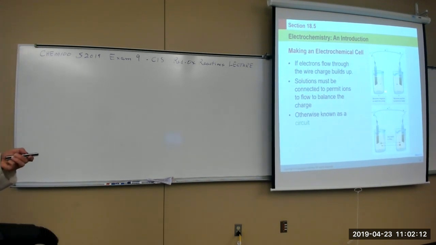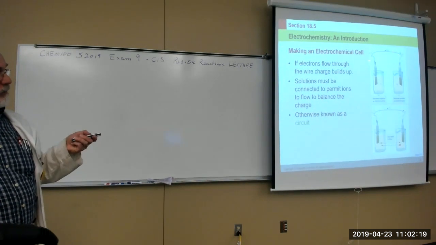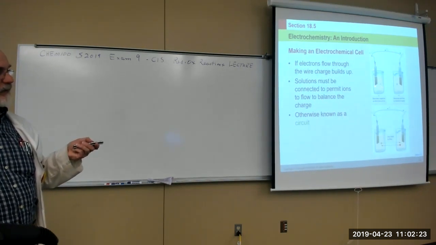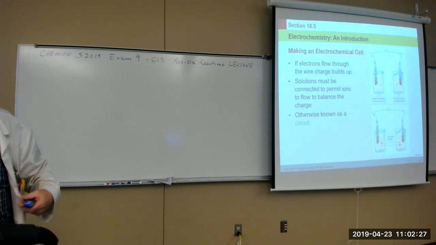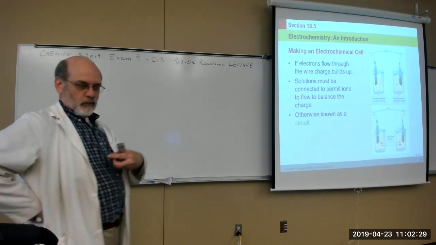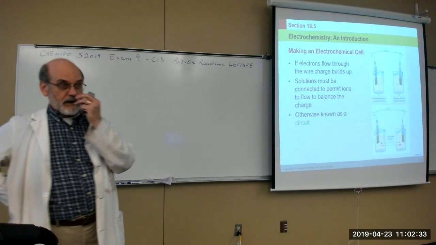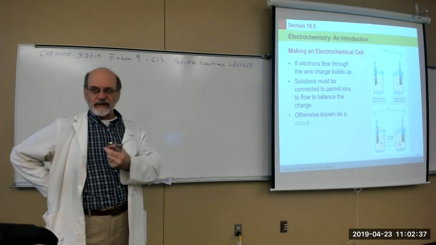This reaction is not going to go yet, because in order for those electrons to move through this wire, they would have to build up an excess negative charge on that side and a positive charge on this side. So we borrow from physics, and physics says that you don't get electron flow unless you have a circuit.